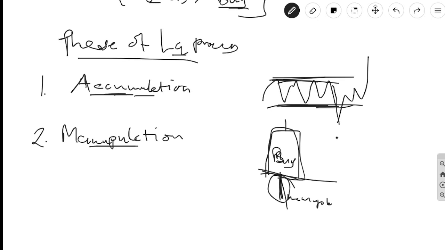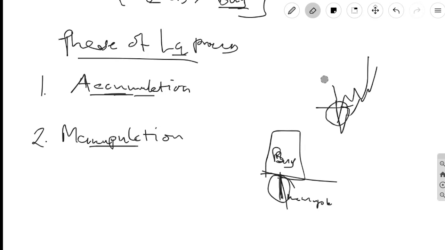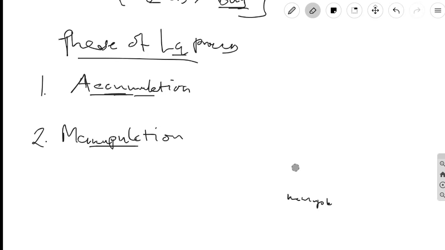It's simply that the break was a manipulation phase. It created more sellers first, and then the price went up. So manipulation is where this liquidation process starts. And I'm going to show you in the chart and some of the examples in the PDF. You see what I mean.